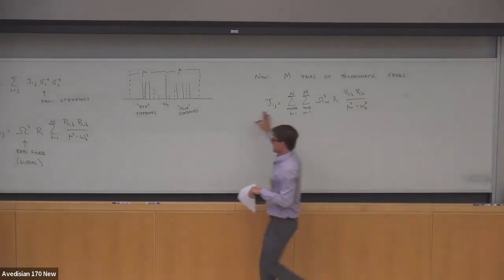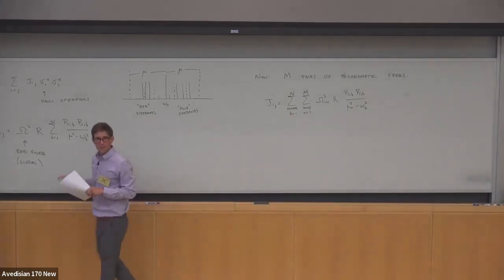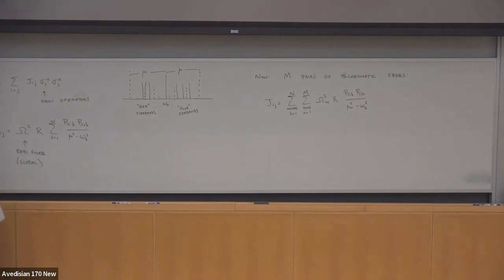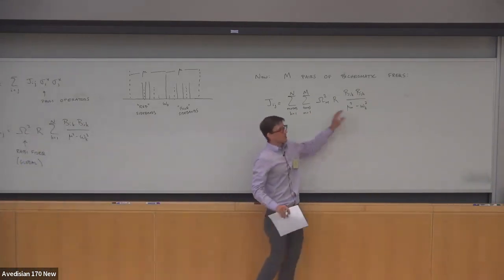All right, so this is identical to before, except now we're allowing there to be multiple frequency components, and each frequency component has its own amplitude and its own detuning field.